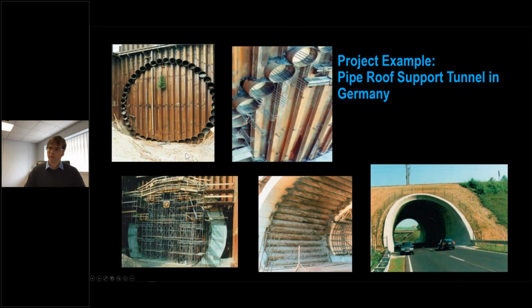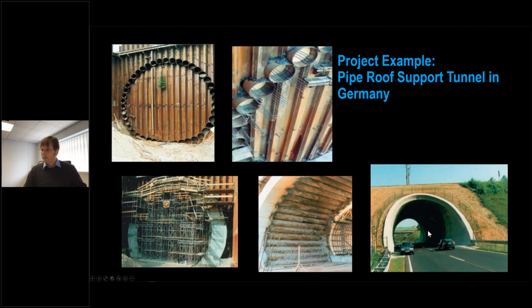And this was the site after the ramming had been completed, and then obviously all they had to do then was to finish the civil engineering work, take out the spoil inside, and this is what the finished product looked like.